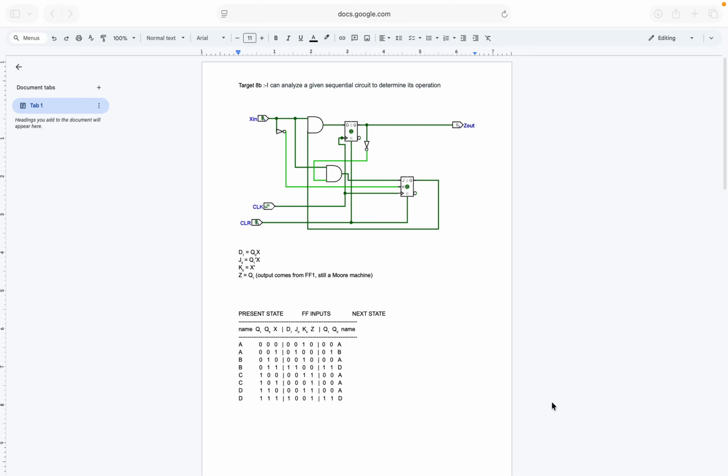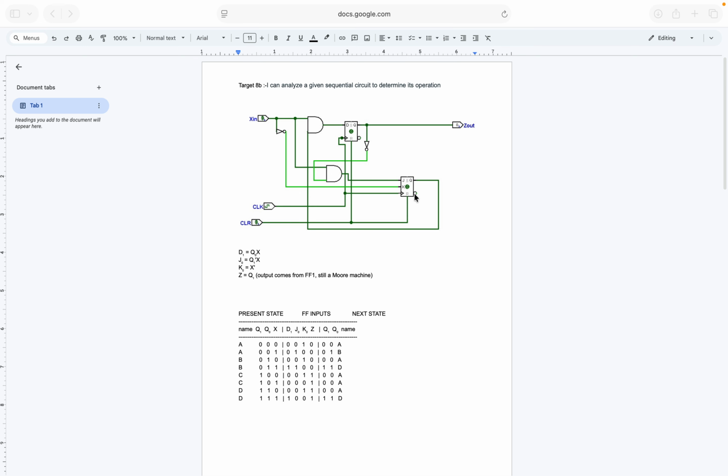Hello everyone. In this video I am going to demonstrate target 8b, which is analyzing a sequential circuit to determine its operation. The circuit I have taken has two flip-flops, FF1, a D flip-flop, and FF0, a J and K flip-flop.